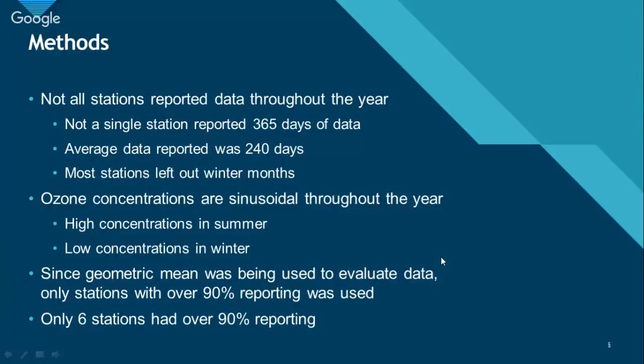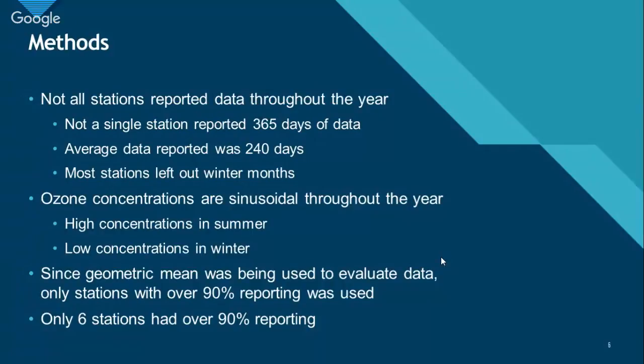Once I started diving into the data, it became pretty clear up front that not all of the stations reported data throughout the year. There wasn't a single station that reported ozone concentration data for every day of the year.